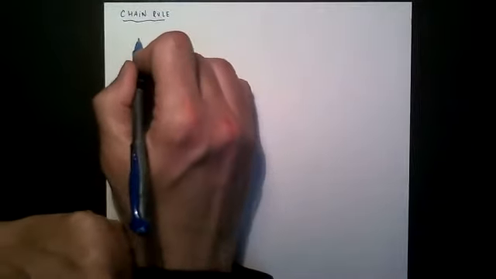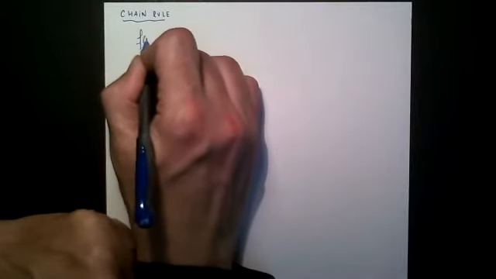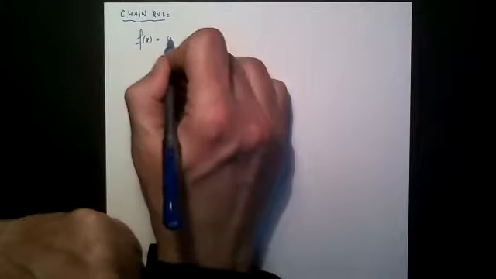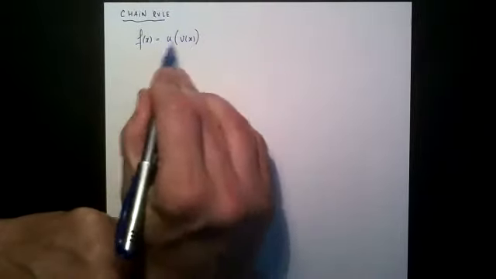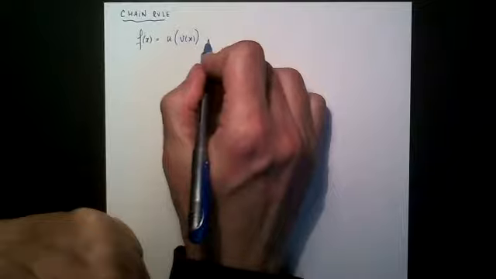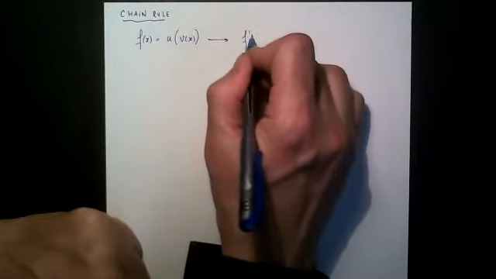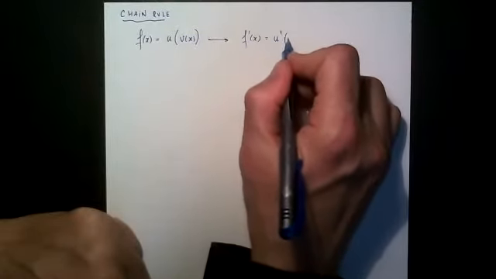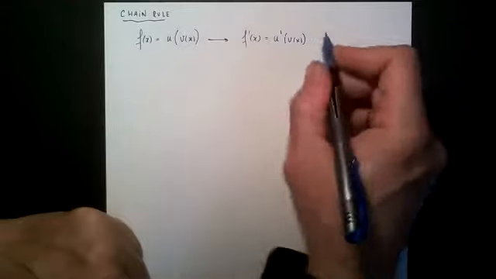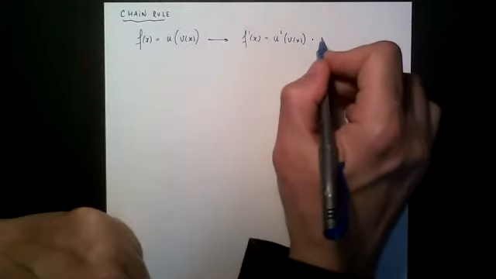The chain rule tells me that if f of x is equal to u of v of x, so it's a function of a function, then how do you derive this? It's u prime of v of x times v prime of x.